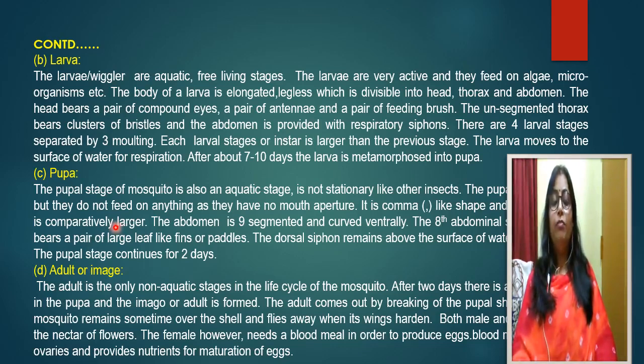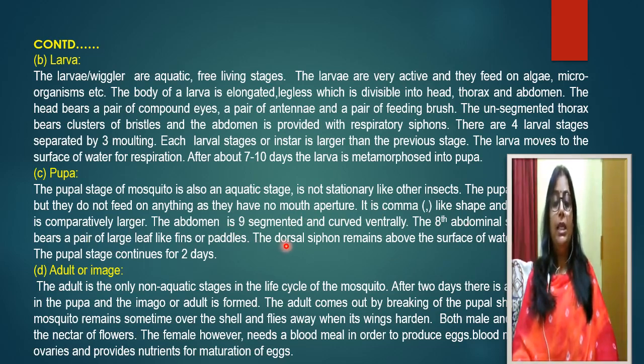The pupal stage of mosquito is also aquatic in nature. It's not stationary like in other insects. The pupa also moves in the water, but they do not feed. They have no mouth parts. It's comma shaped, and the head region is comparatively large.